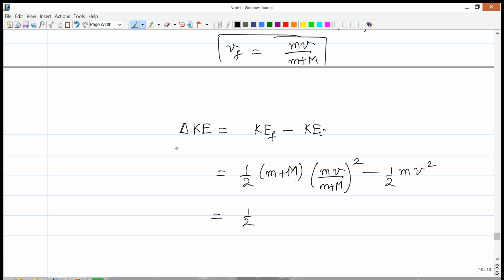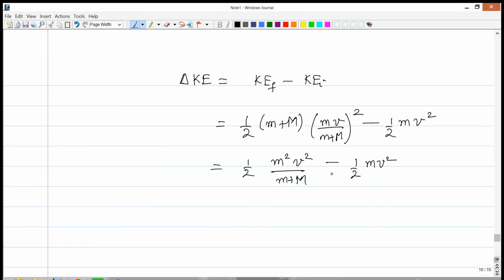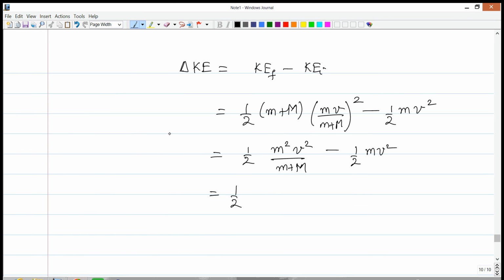So let's simplify this. One of the (m plus M)'s cancels out, and we have m squared v squared over (m plus capital M) minus 1/2 m v squared. Alright, let's factor out 1/2 m v squared, and then we have m over (m plus capital M) minus 1.